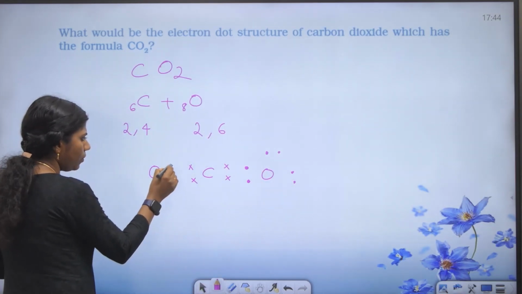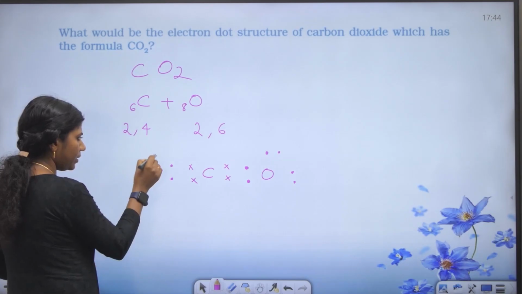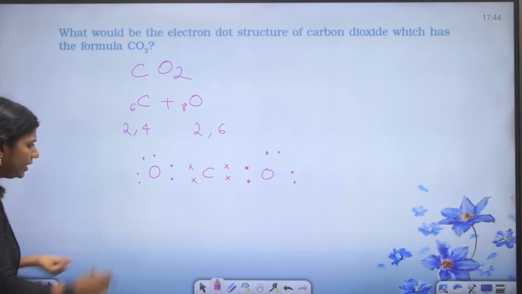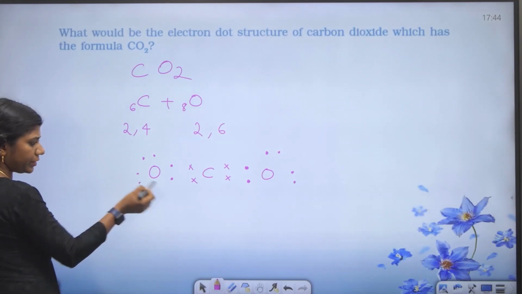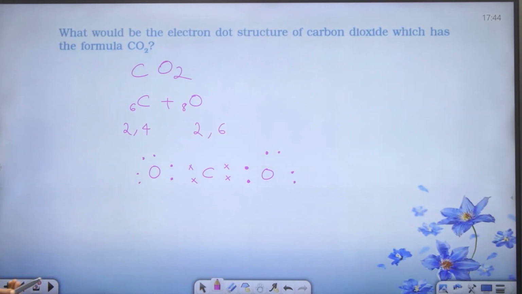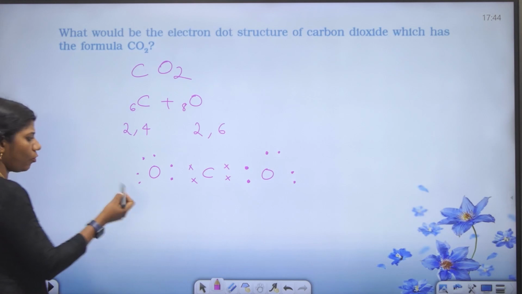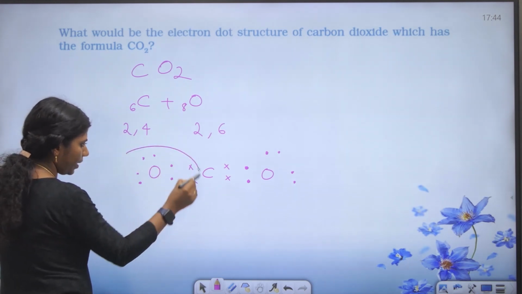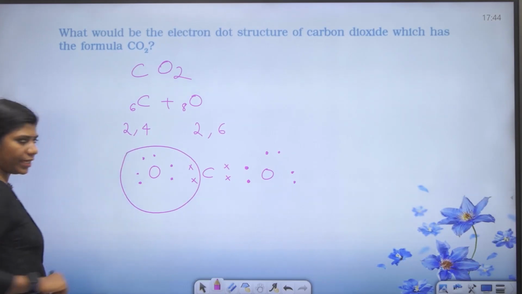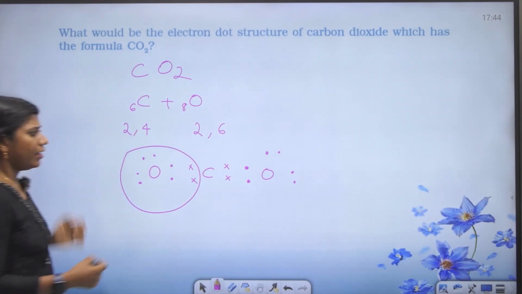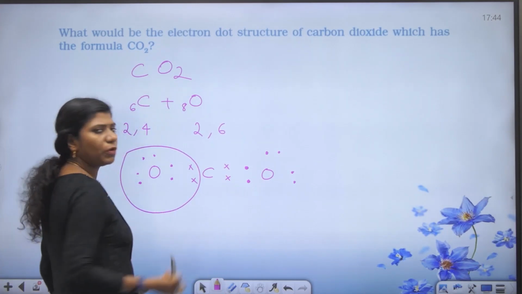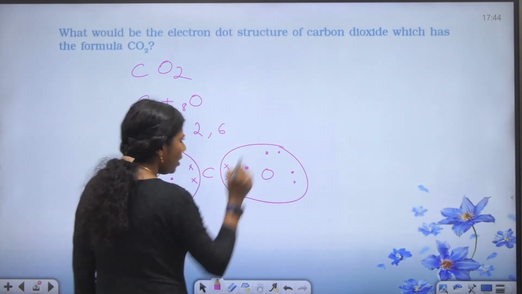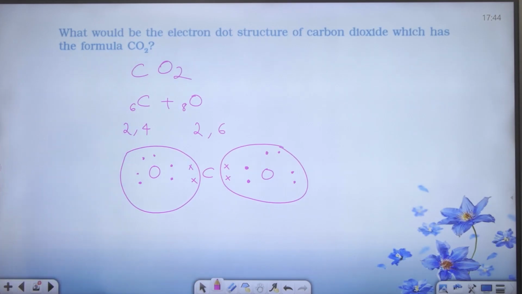And here also an oxygen atom is present, which has 6 valence electrons. The first oxygen atom requires 2 more electrons to complete its octet, so it shares 2 electrons with the carbon and completes its octet. This oxygen atom also requires 2 more electrons, so it also shares 2 electrons with the carbon atom and completes its octet.